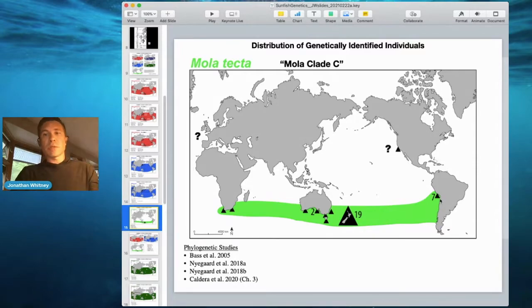So predominantly southern hemisphere, but as Mayana just told us, these records in the northern hemisphere are increasing and very encouraging. There's only been the single genetically confirmed specimen in California so far, but we expect that several more will be genetically confirmed. So it's still unclear how established Mola tecta is in the northern hemisphere. It's still really cool to see how this plays out.